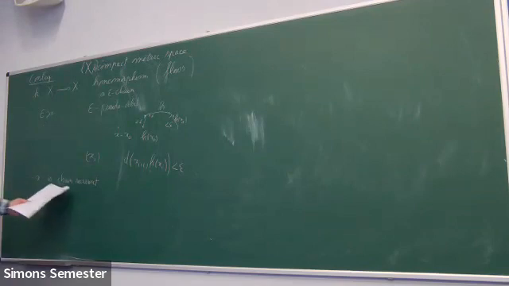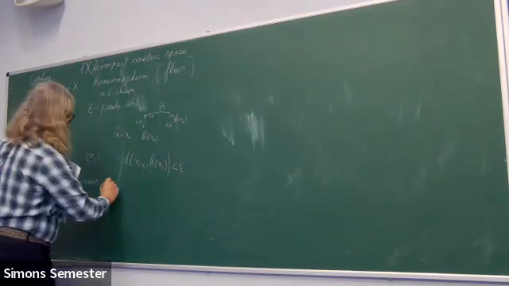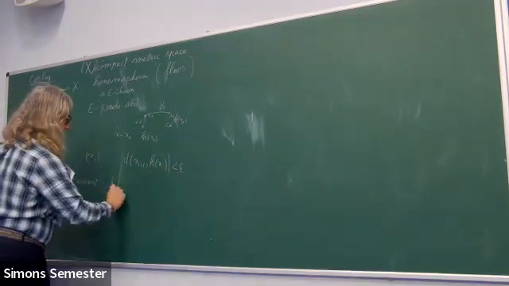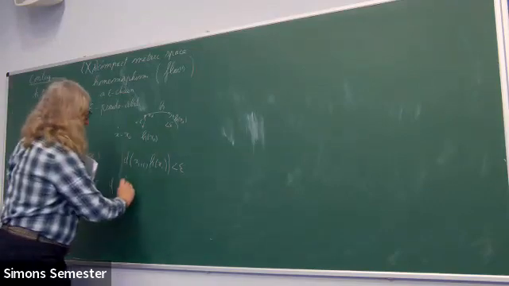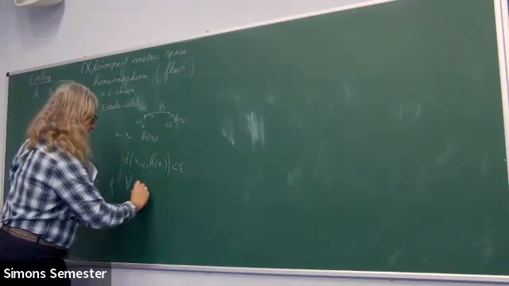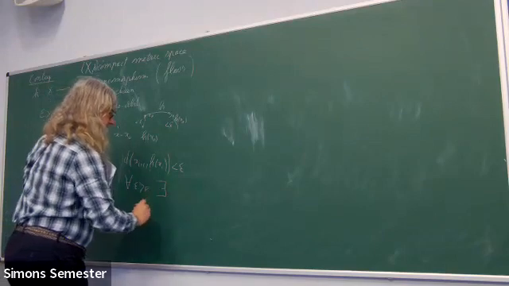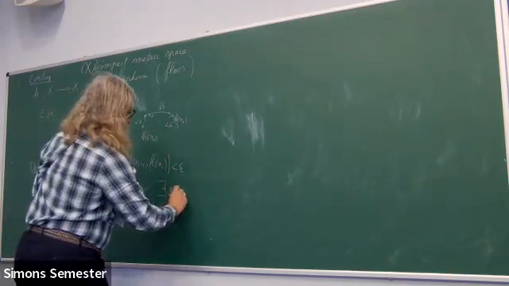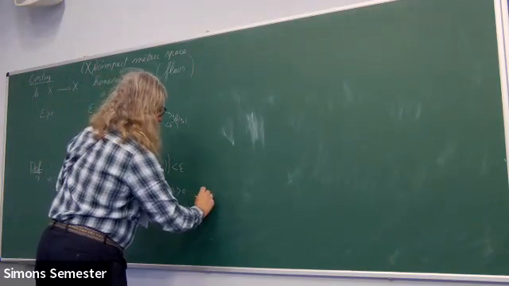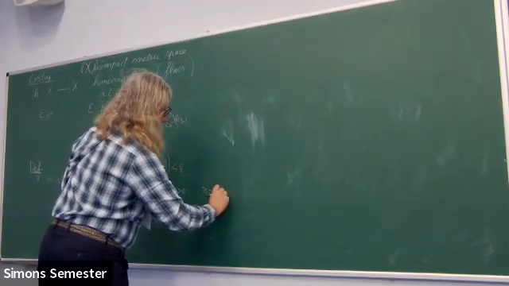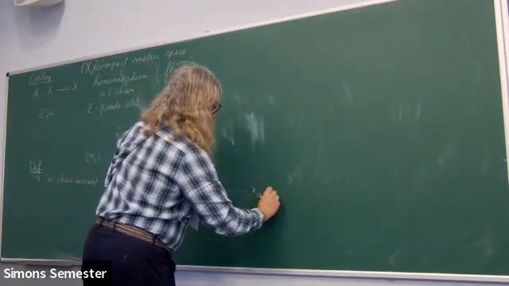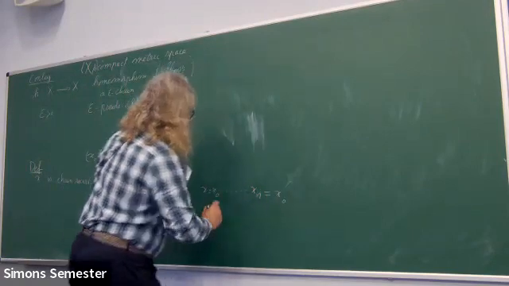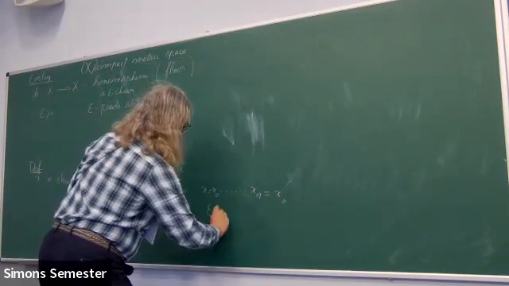So x is chain recurrent if, by definition, for any positive epsilon, there exists n larger than 0 and an epsilon-pseudo-orbit x0 up to xn, with x equal to x0 equal to xn.